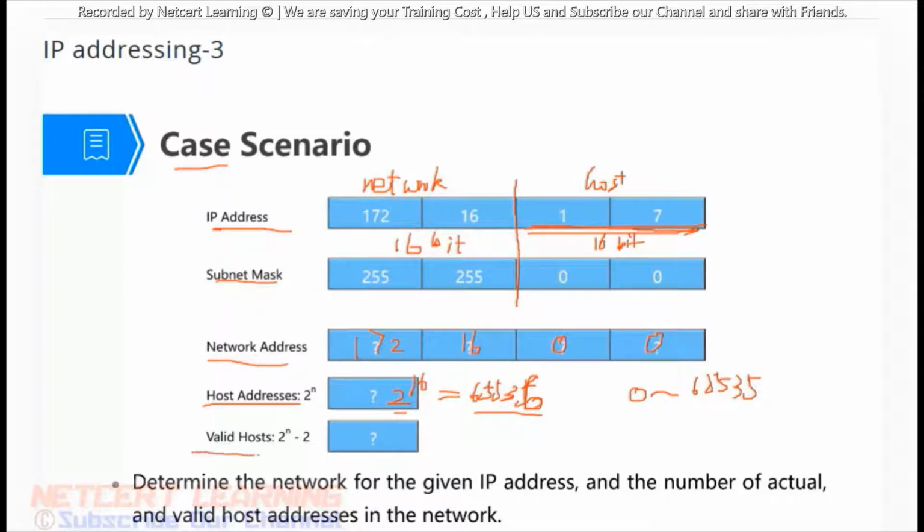Then the valid ones mean 0 cannot be used, and all ones also cannot be used. So the valid IP addresses that can be configured on the host are 65,534 in this network.